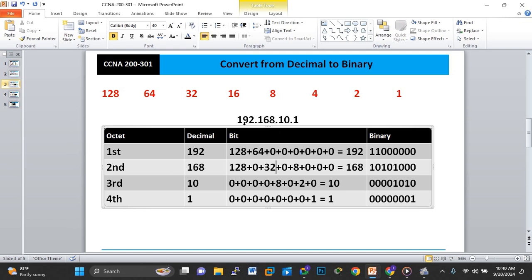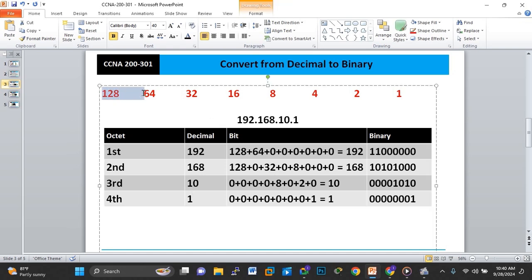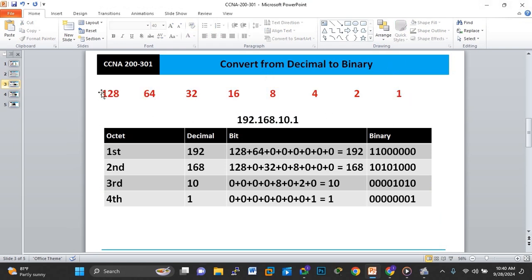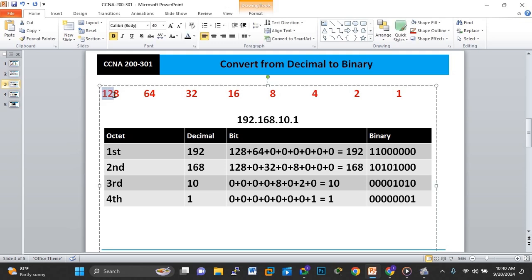So now, the first octet is the 192. The second octet here is the 168. The third octet here is the 10, and the fourth is the 1. So now let's convert this. If you want to convert this, you always start it from 128.